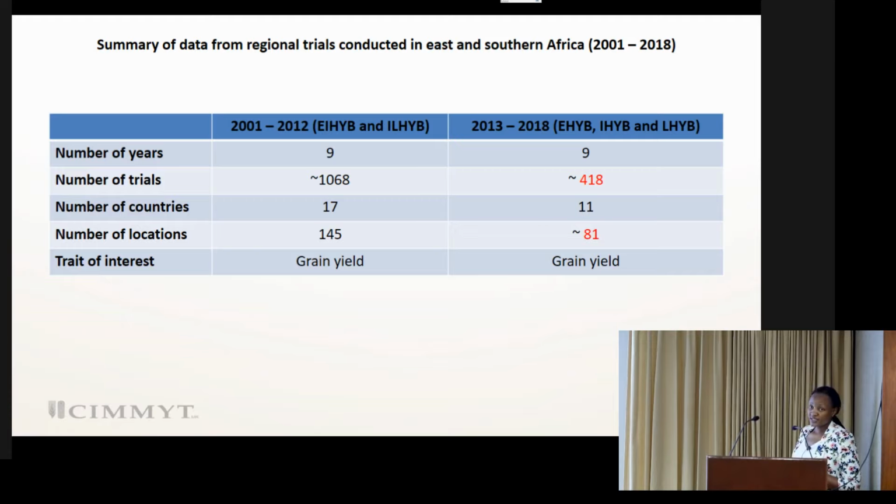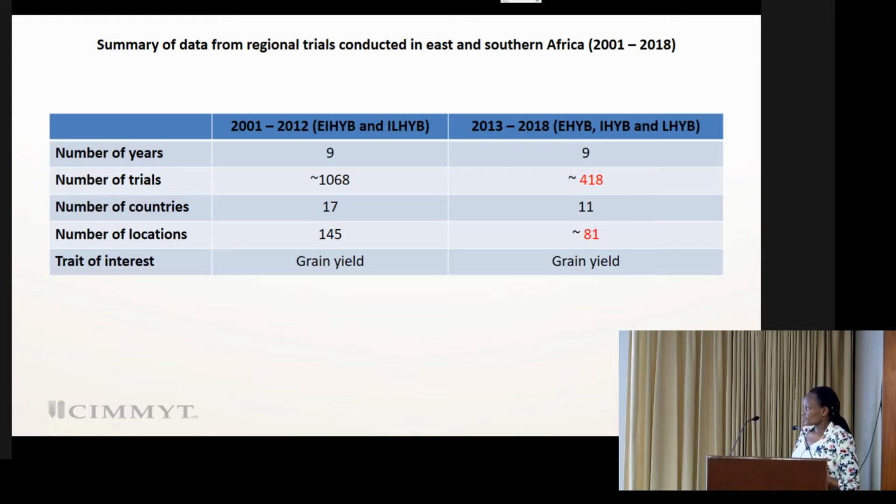Later on, from 2013 to 2018, and as the breeding program evolved, we had some splits in the material. So now we have early maturing hybrids, intermediate maturing hybrids, and late maturing hybrids.